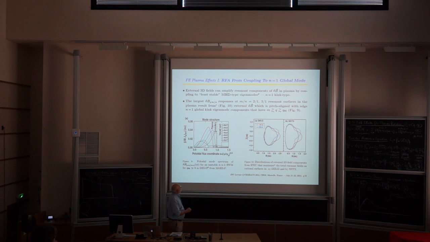So lo and behold, people have done studies and they said, well, the magnetic perturbations as a function of radius, it may well be, by this blue, the m equals 1 component may well be in here, but as you get out towards the edge, lo and behold, it's an m equals 6 or 7.